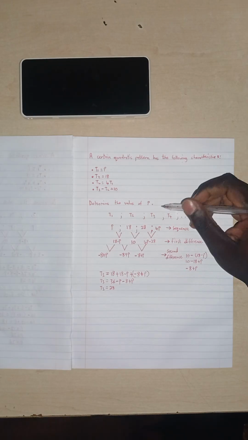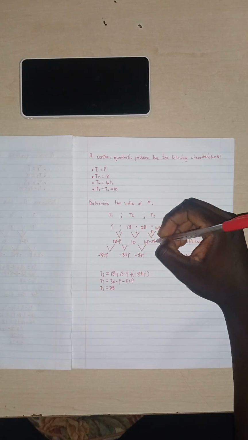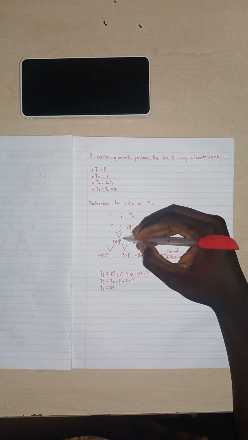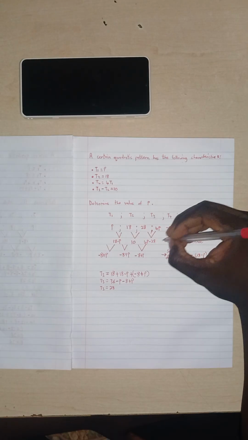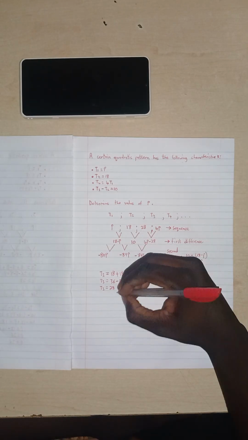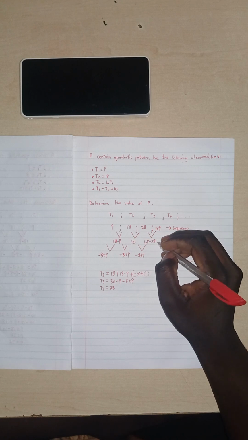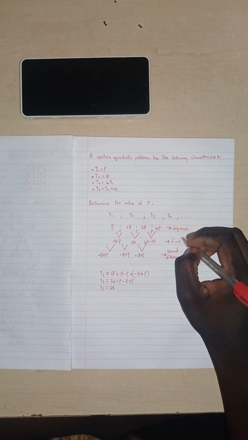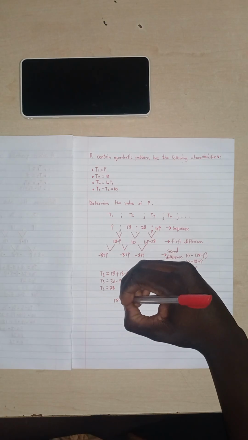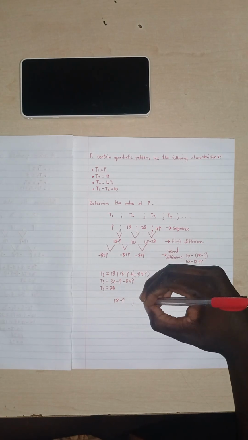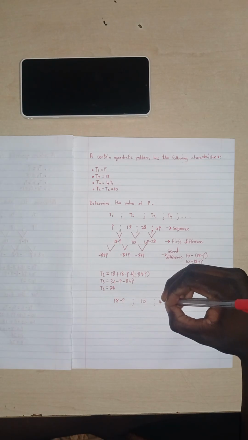Since it's linear, let's take it as a sequence which we can use to solve for p. So on that linear pattern, which is hiding here as the first difference, we will have the 18 minus p, we will have the 10, and we will have the 4p minus the 28.